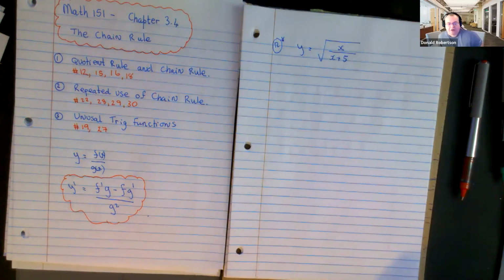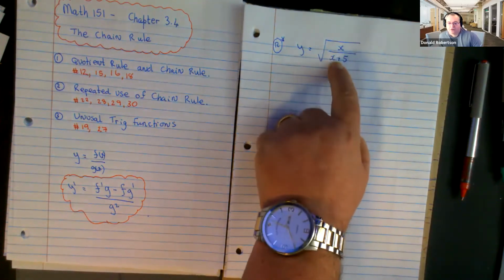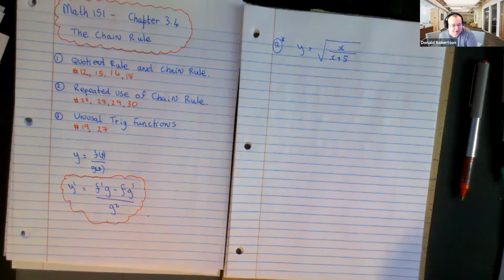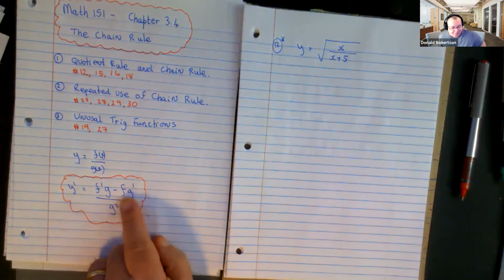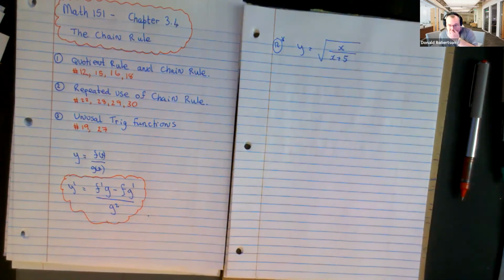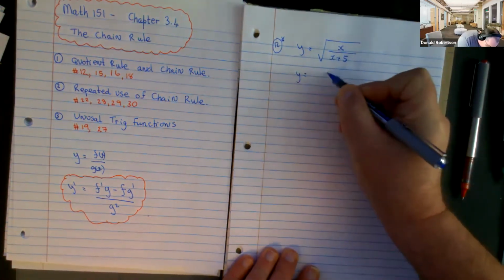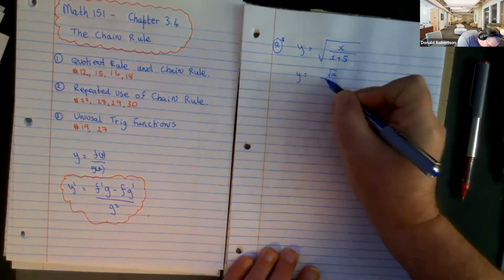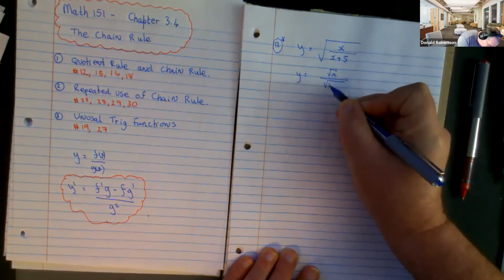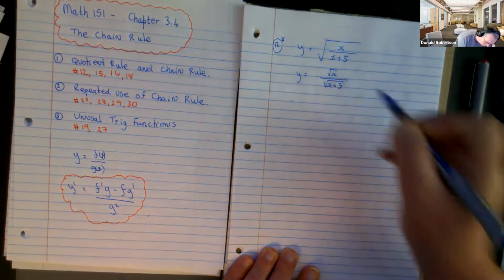If you see a fraction anywhere, in this case, x over x plus 5, you're going to be using the quotient rule. Right? But sometimes you have to figure out, is this the best way to do it? What do I mean by that? Well, I'm going to split this thing up into 2 separate square roots.